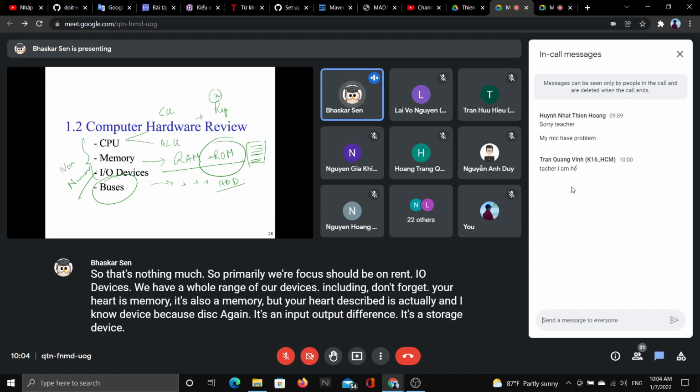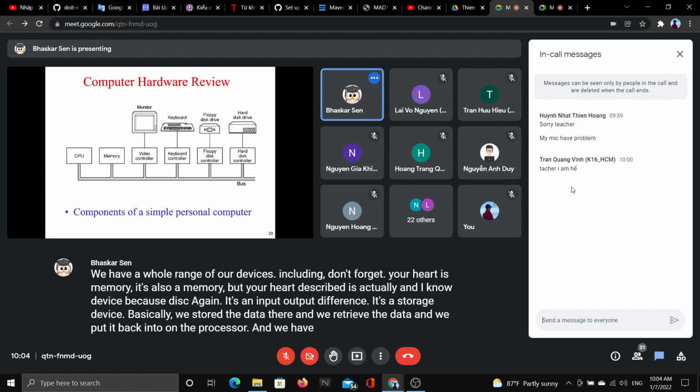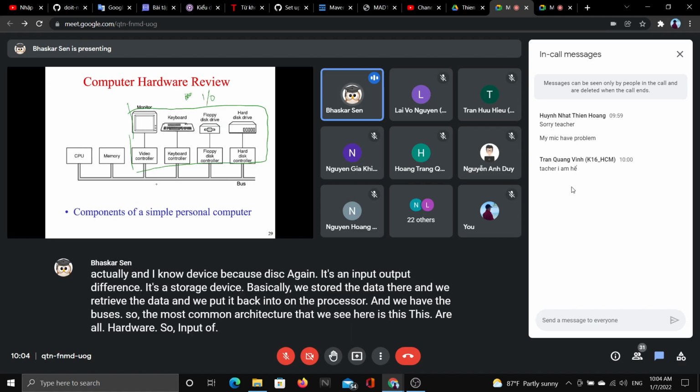Basically, we store the data there, retrieve the data, and put it back on the processor. And we have the buses. So the most common architecture that we see here is this: input and output devices, and then you have the memory and the CPU.